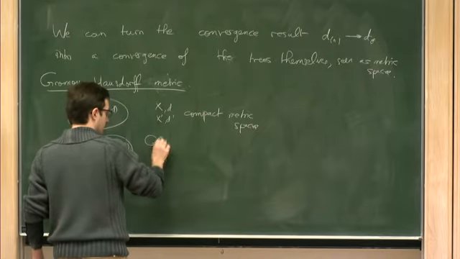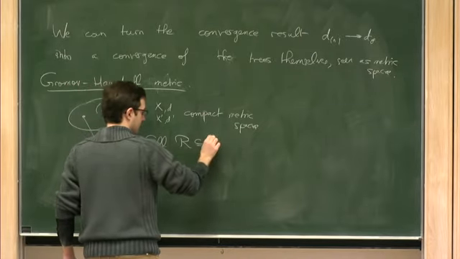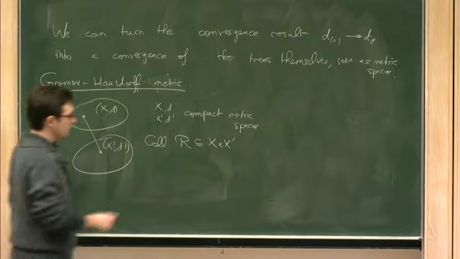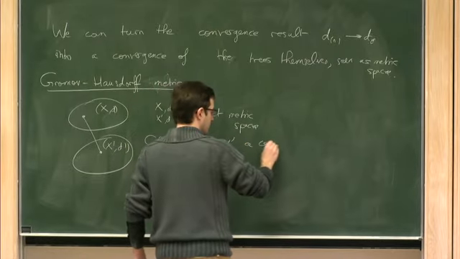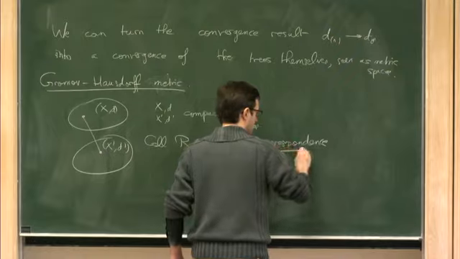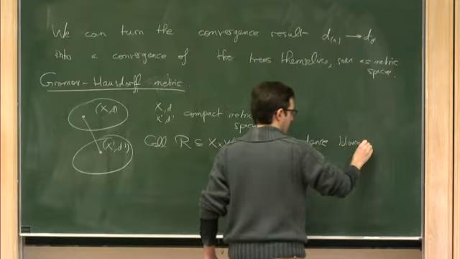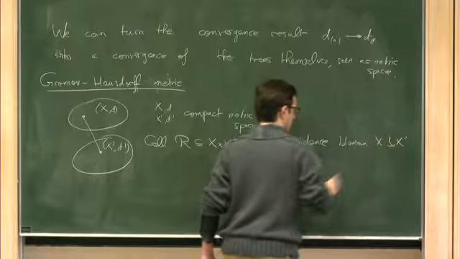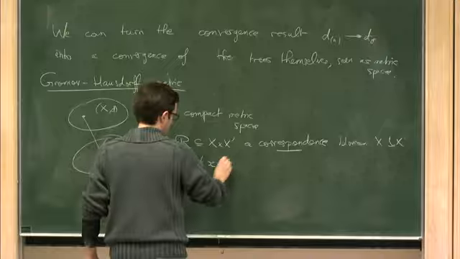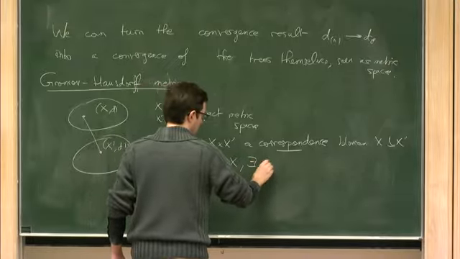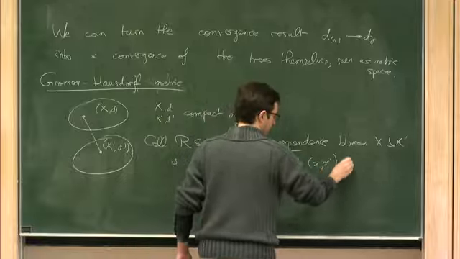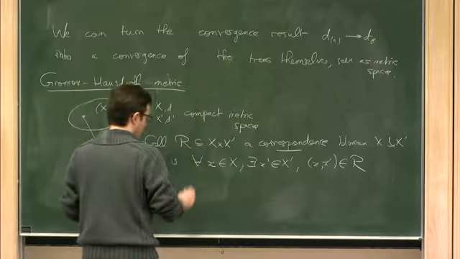We call R, a subset of X times X', the product space, a correspondence between X and X' if for every x in X, there exists an x' in X' which is in correspondence with it, and vice versa.